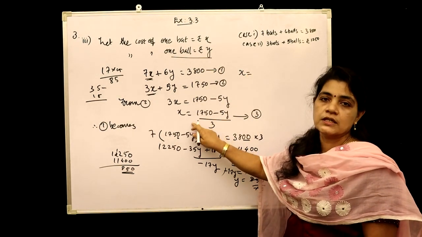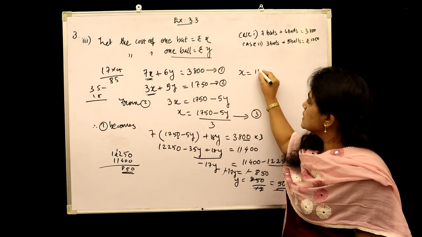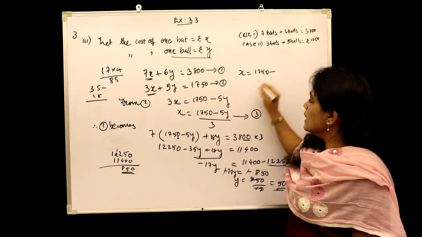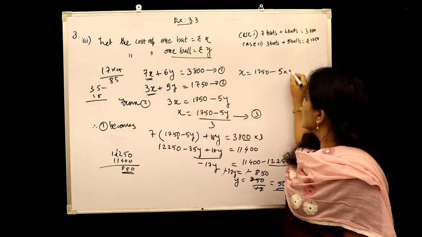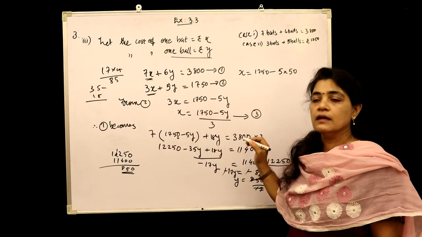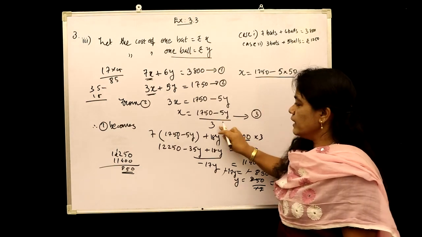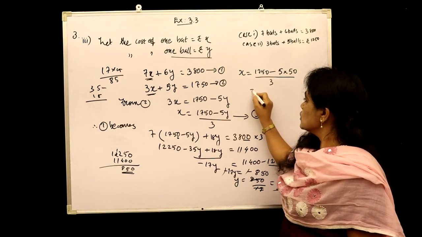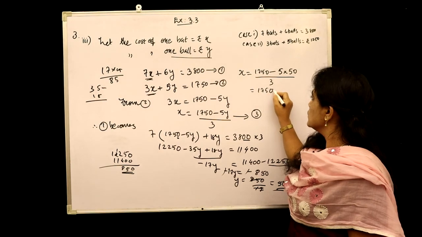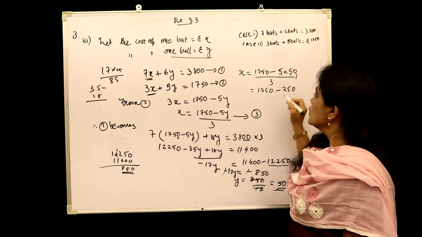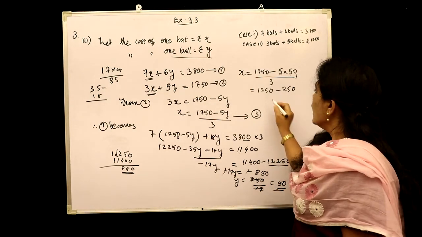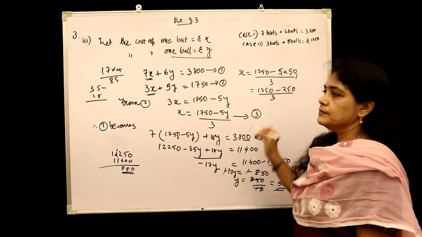Here we have the expression for x, that is 1750 minus 5y, whole divided by 3. 5y means 5 into y. Here now y is 50, we have seen. Understood? So 1750 minus 5 5s are 25 and this 0, 250, divided by 3.